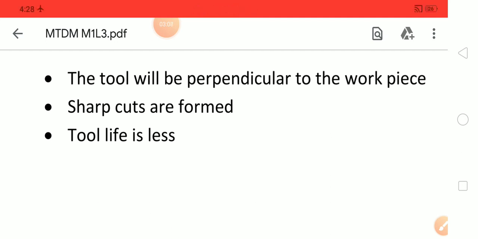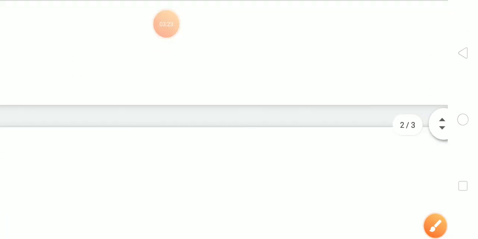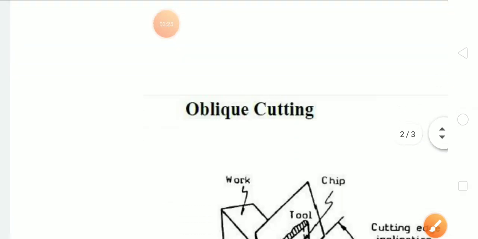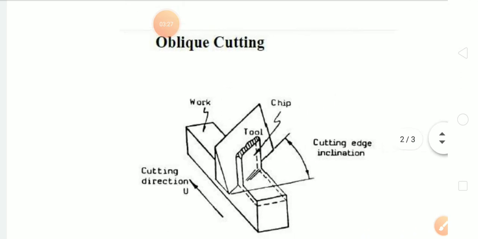The higher stress formed in the tool, and the stress concentration, will lead to burning out of the tool. So tool life is less in orthogonal cutting.